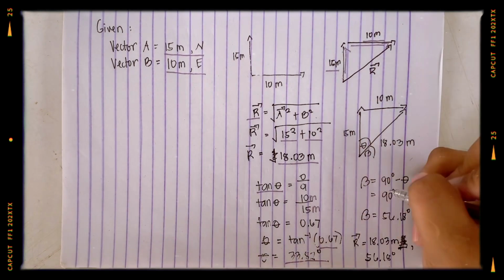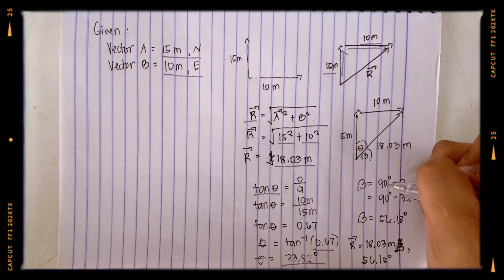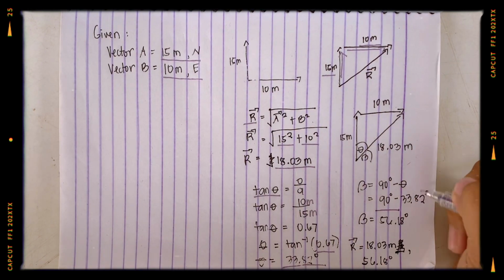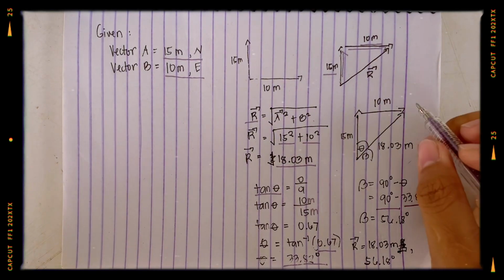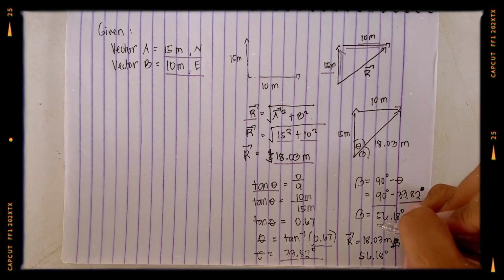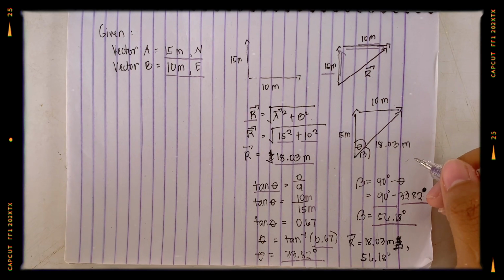To calculate beta, use the formula beta is equal to 90 degrees minus theta. 90 degrees minus 33.82 degrees. So beta is equal to 56.18 degrees. So the answer is as follows.